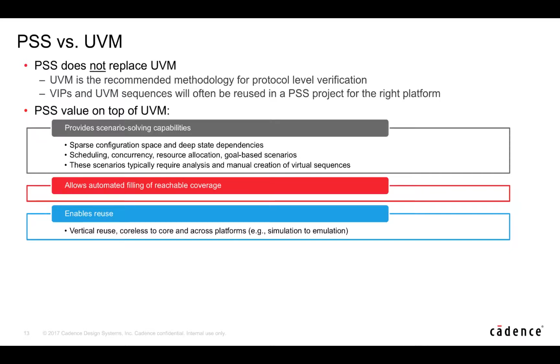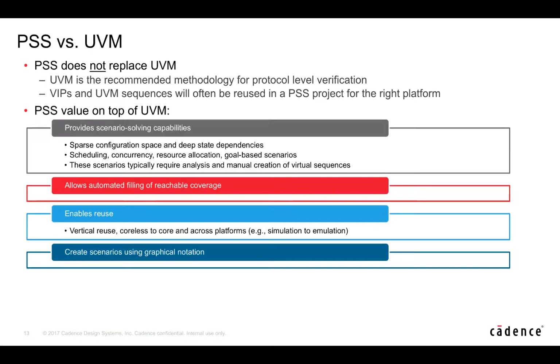Enabling reuse: we mentioned the platform's ability to support different kinds of target platforms. Vertical reuse, all of these are key for PSS. We've seen how we use the Composer GUI, graphical notation, UML notation.